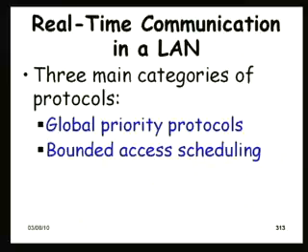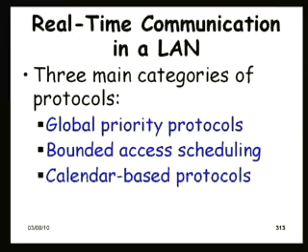Then bounded access scheduling, where the priorities are not really with the messages, but with the stations. They are given some time to transmit, and within that they can locally schedule the messages. And then we have the calendar based protocols, where some time slots are reserved and then they transmit.